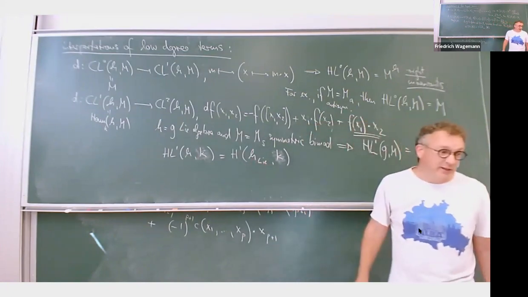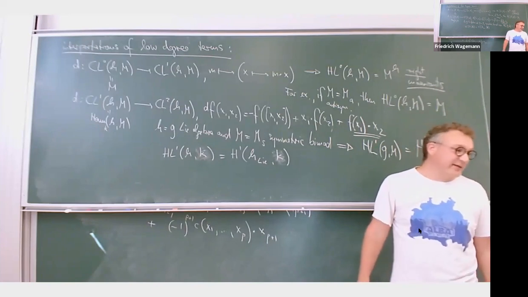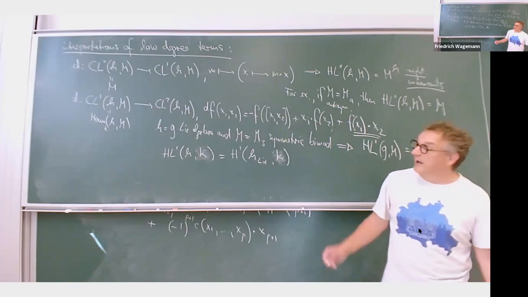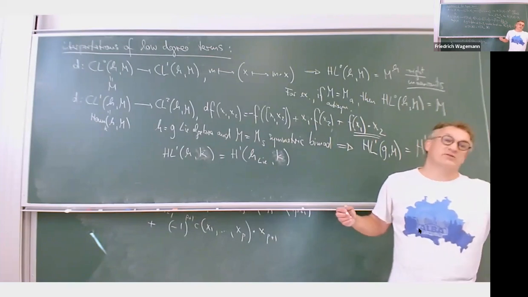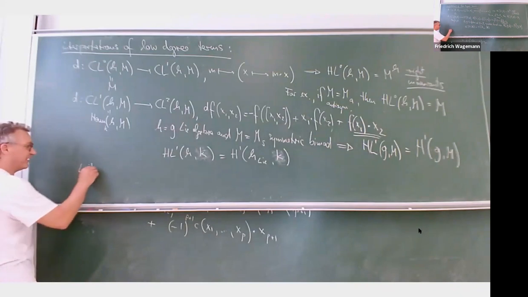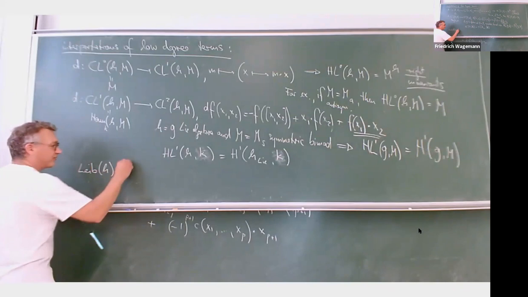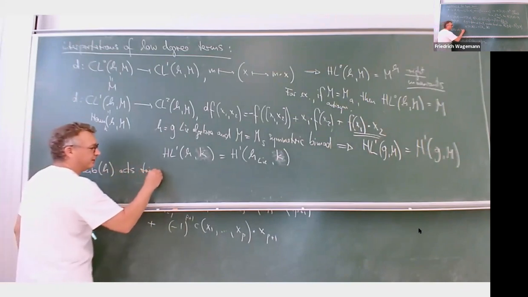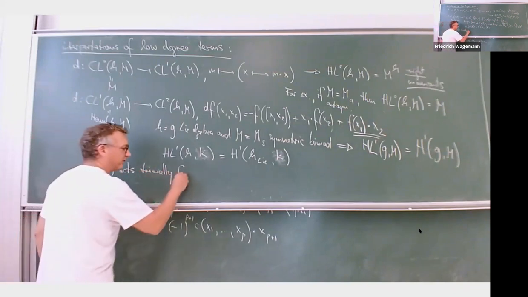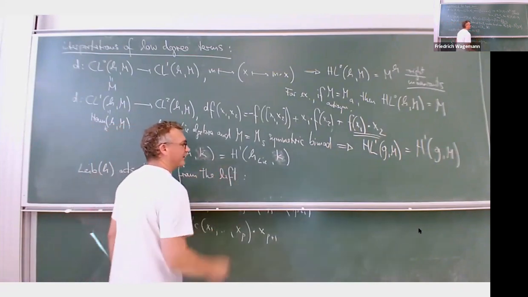And what happens is the Leibniz ideal, the ideal of squares, acts always trivially, yeah, from the left, like H acts trivially from the left. And this is all.